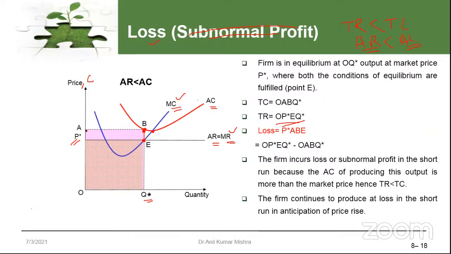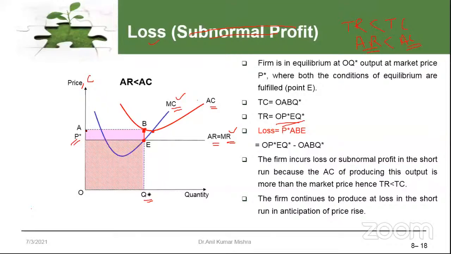The producer can continue its business while securing some amount of losses until it covers its maintenance cost. Maintenance cost means the variable cost. When the producer covers its variable cost, it will continue its business. Otherwise, if the price is below the average variable cost, then he may shut down its business.